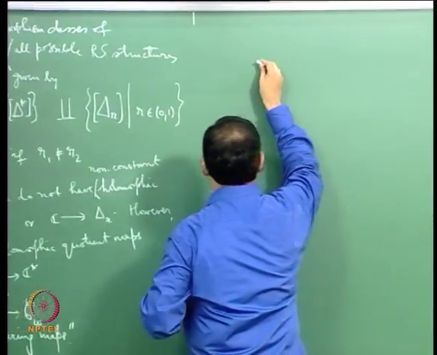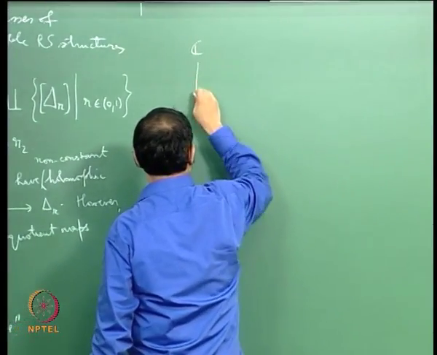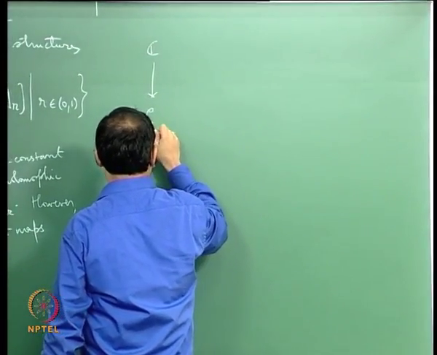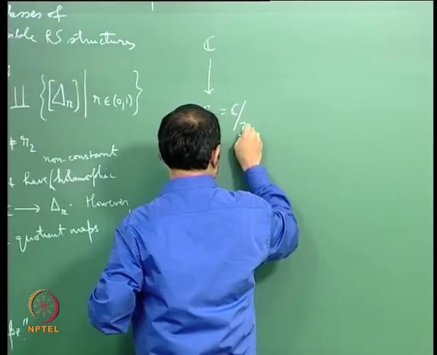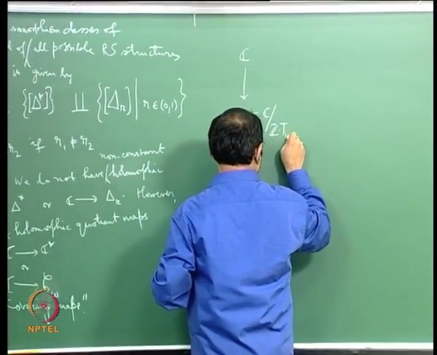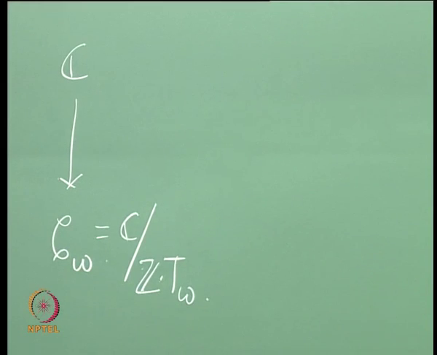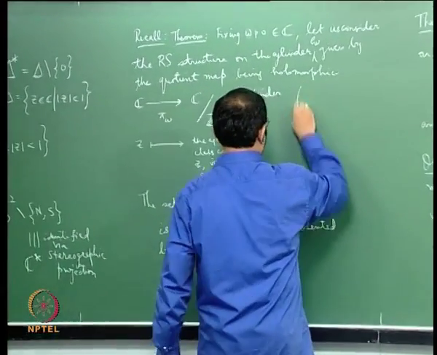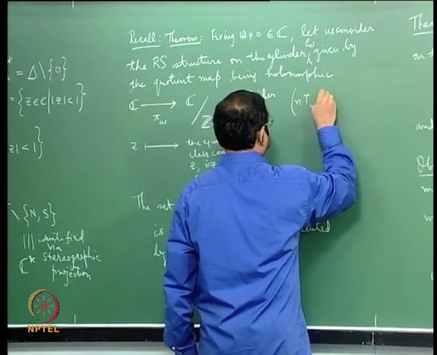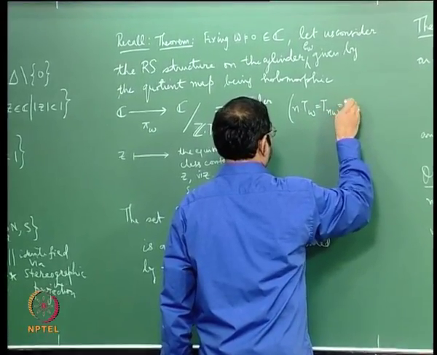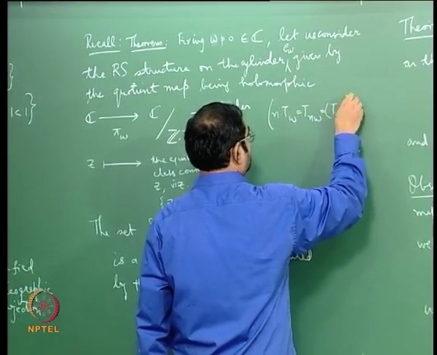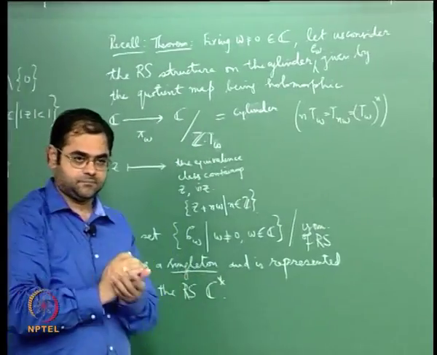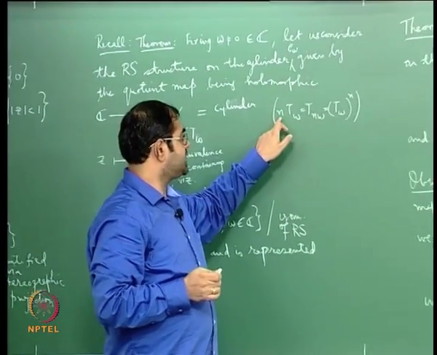Let us look at this map from C to calligraphic C sub omega, which is just C going modulo the translations by integral multiples of a single complex number omega. By the way, I should remark that n times t omega, which is t n omega, if you want to write it in multiplicative notation, is t omega to the n, if you think of it as composition, but additive notation is n times t omega.